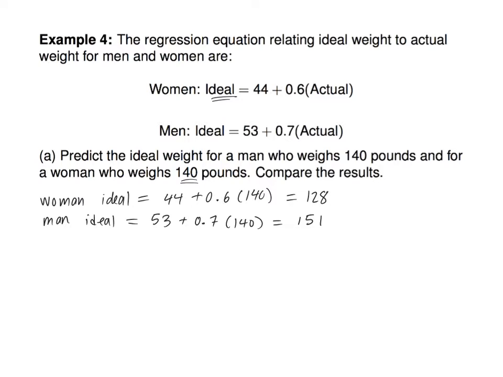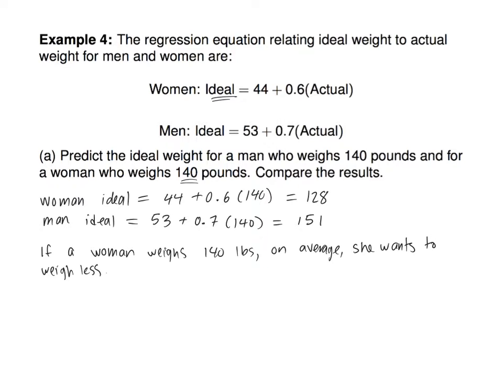Things have changed. So I think if a woman weighs 140 pounds, on average, she wants to weigh less. I mean, that person you're describing who's 6 feet tall and weighs 140 might have an eating disorder and think they should weigh less than they do.